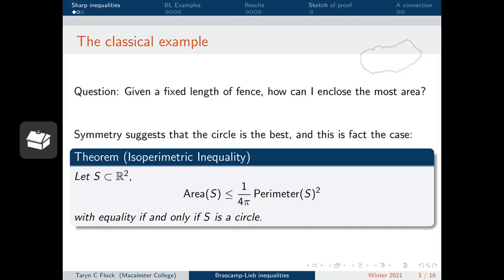As we remember, the area of a circle is pi r squared, whereas the perimeter is 2 pi r. So squared and divided by 4 pi, we have exactly equality.